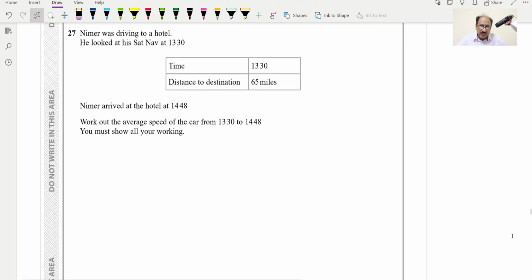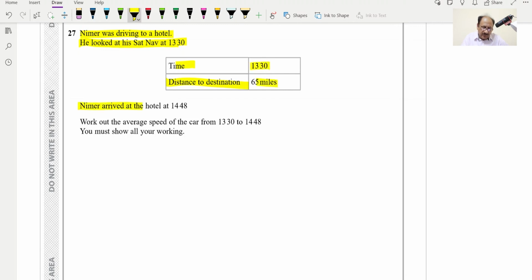Now question number 27. It says Nimar was driving to a hotel. He looked at his sat nav at 13:30. So time is this one, and distance to destination is this one.